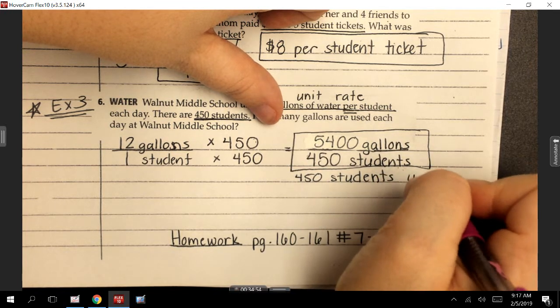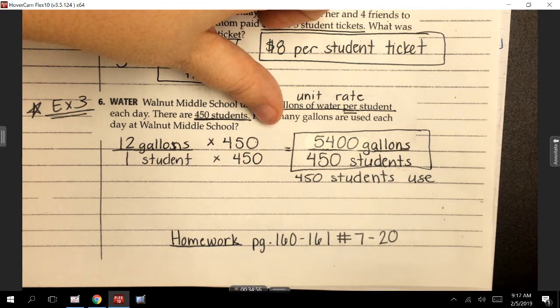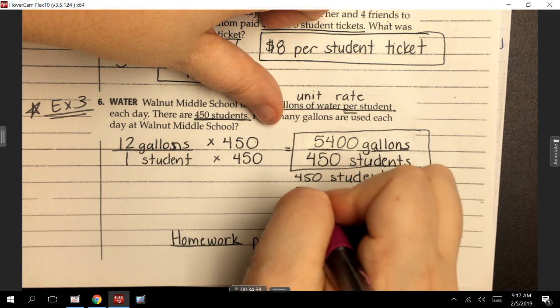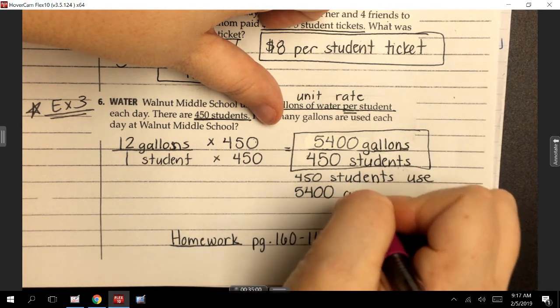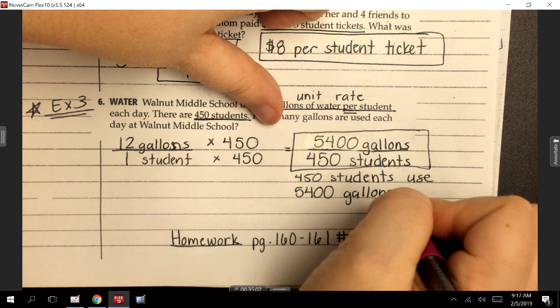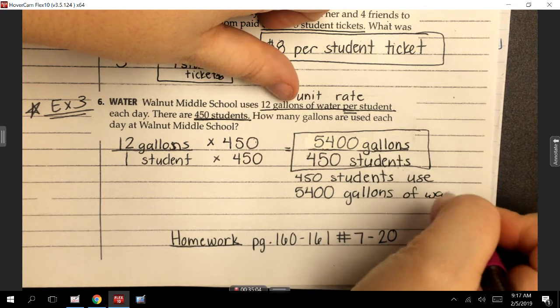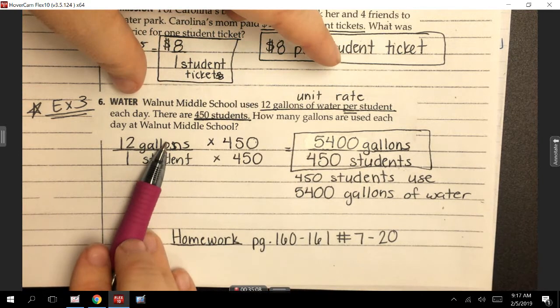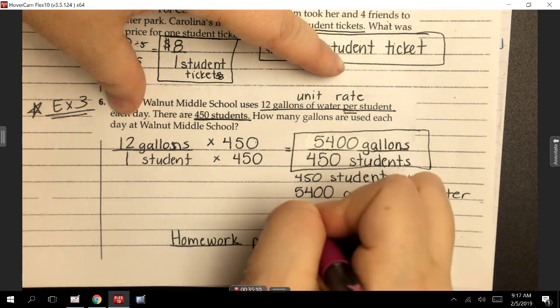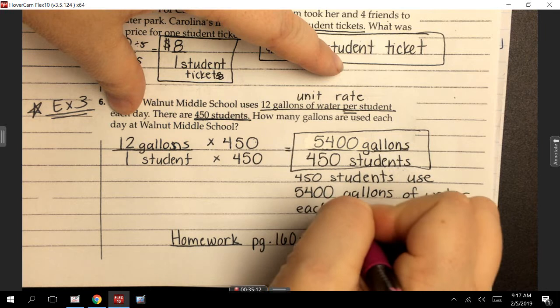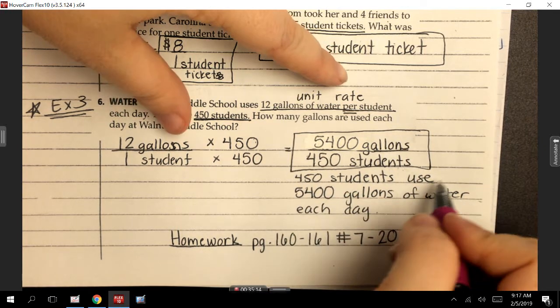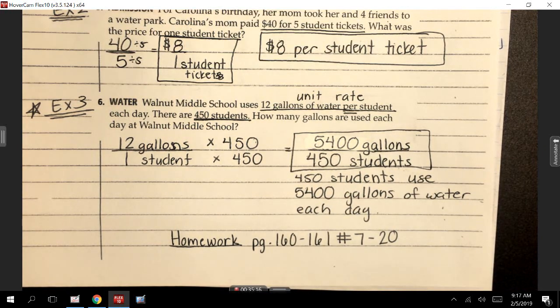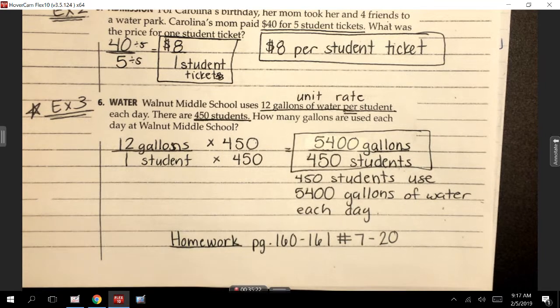Could I just use 450 students use 5,400 gallons of what? Of water. And then it said how many gallons are used each day, so we're going to make sure we include each day. Okay? That's a lot of gallons of water in a year.